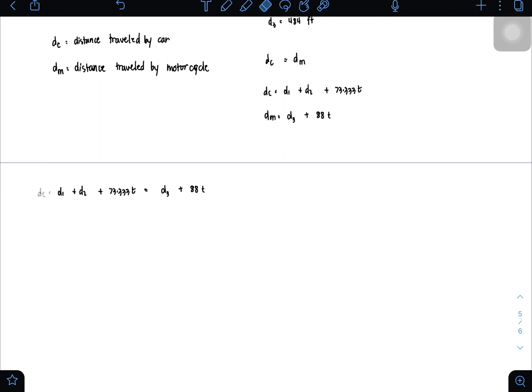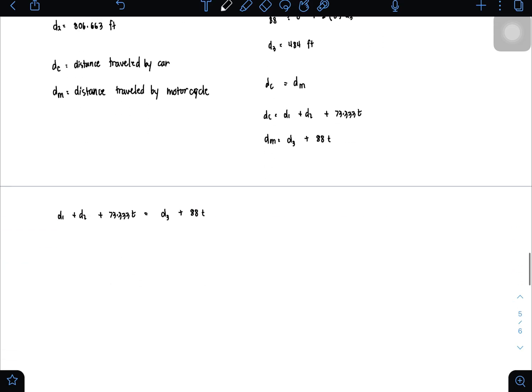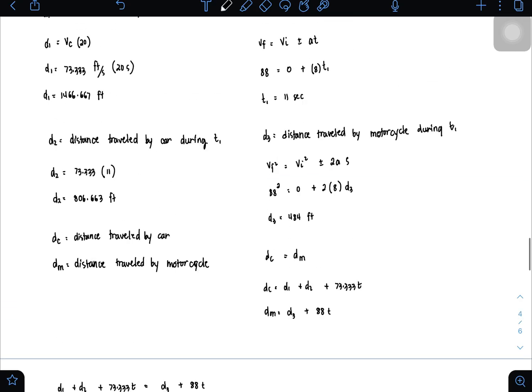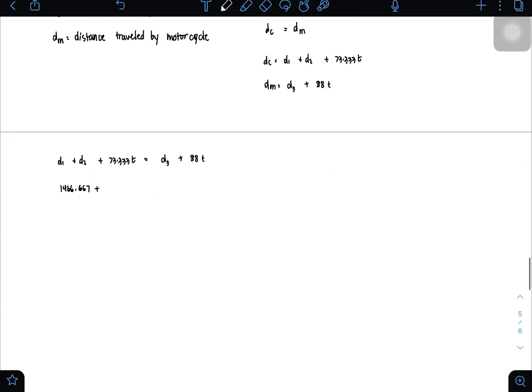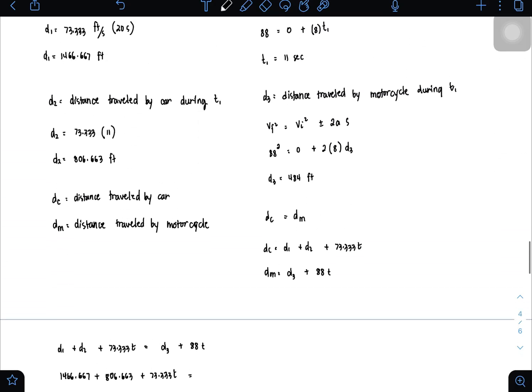And here we have D1, which is 1466.667 plus D2, 806.663 plus 73.333 time equal to D3.